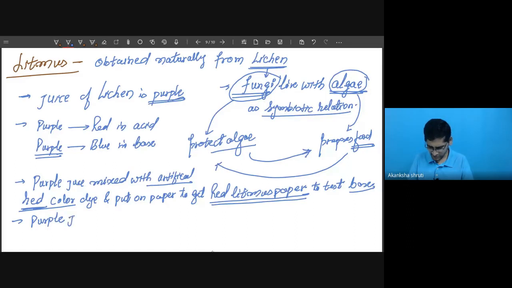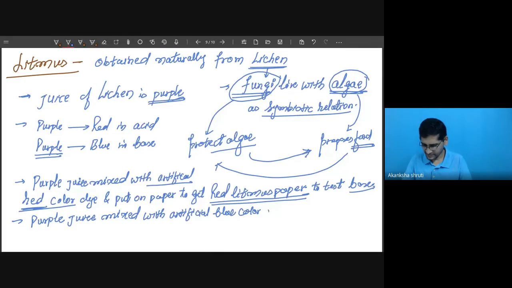So purple juice mixed with artificial blue color dye, so now the dye is blue, it will give us blue litmus paper.